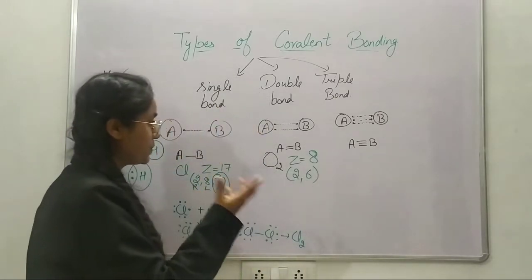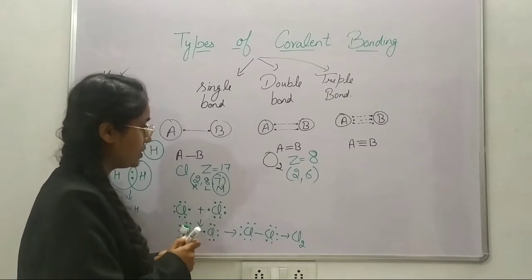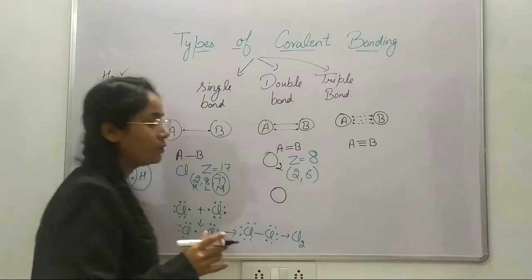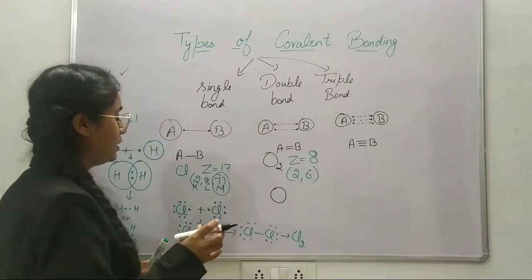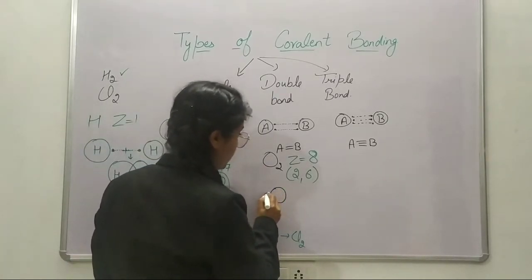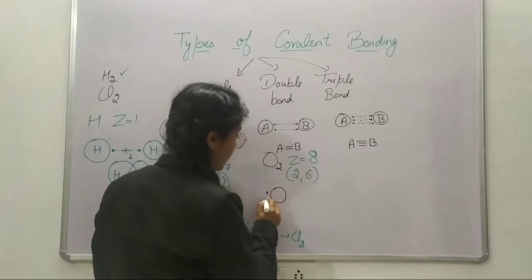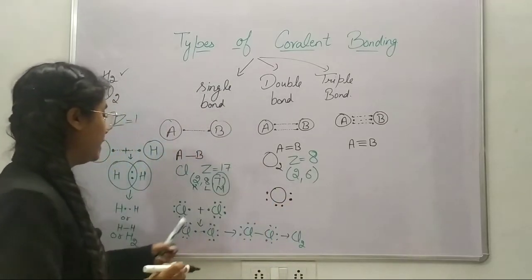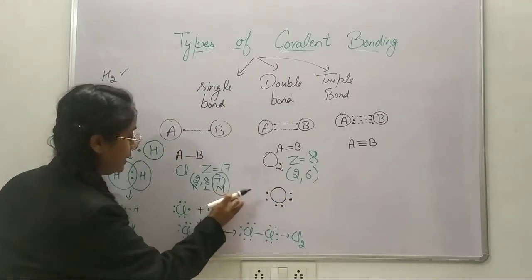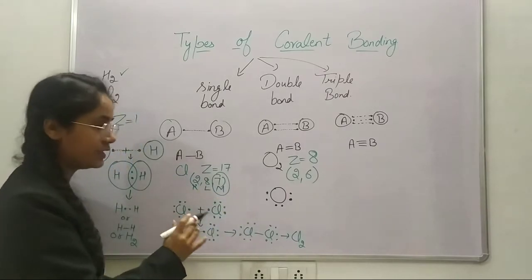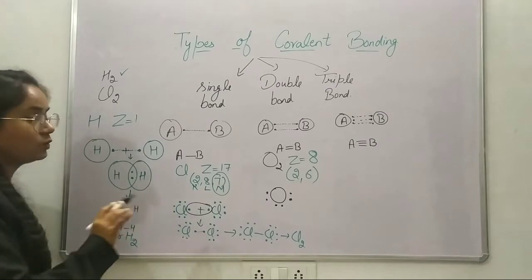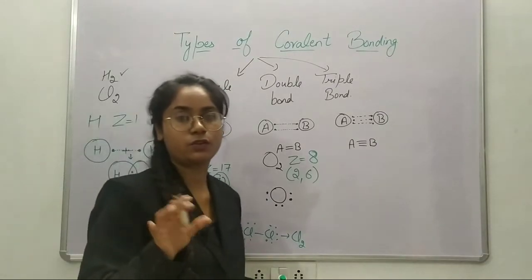So in this process, let me write the outermost electrons in case of oxygen: 1, 2, 3, 4, 5, 6. The reason I am repeating these in the opposite phase is so that they are easier to form bonds. Also, it is a rule for the electron dot structure.